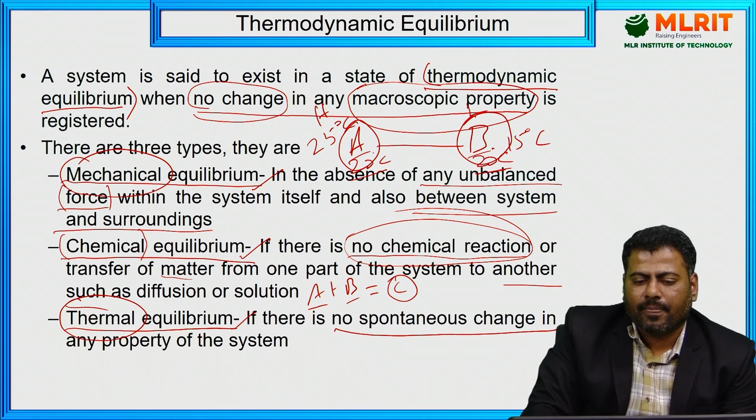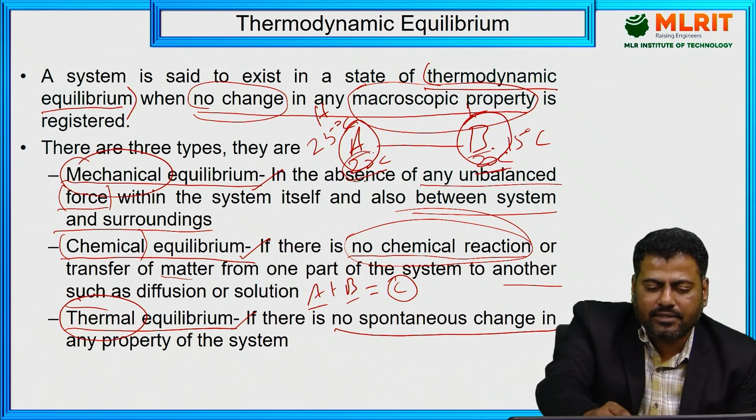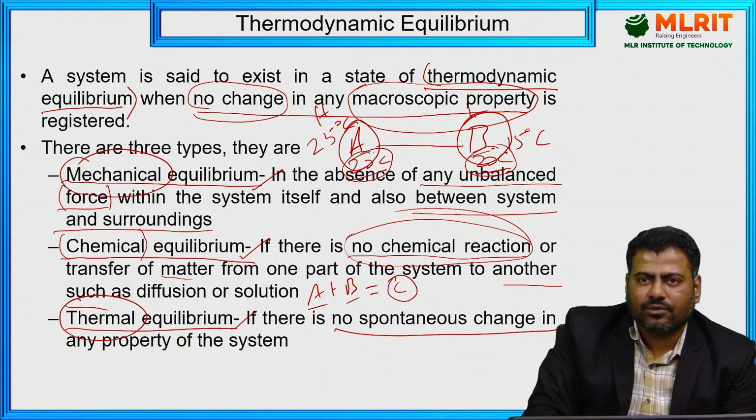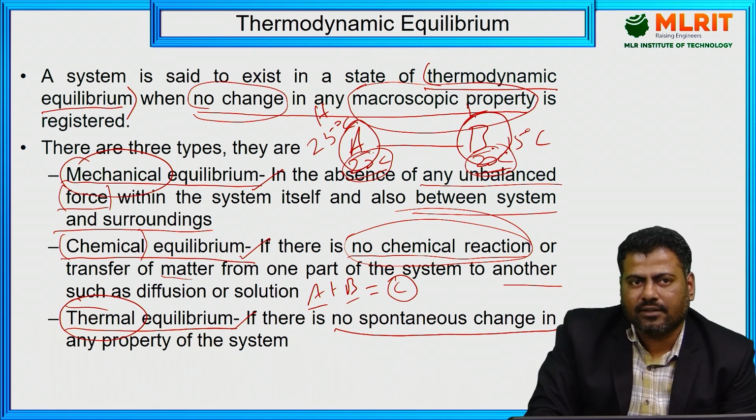Now the system A reaches 20 degrees Celsius and system B also reaches 20 degrees Celsius. Both systems have the same temperature, so there is no spontaneous change over there. Then I can say the system reaches thermal equilibrium. Got it? So this is the thermodynamic equilibrium we have with respect to thermodynamic systems.